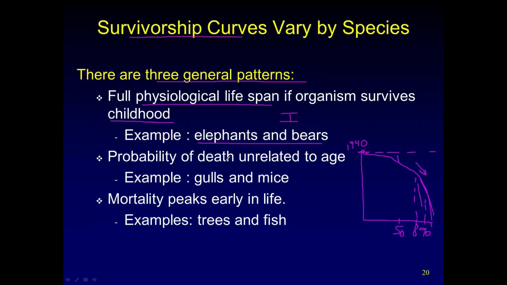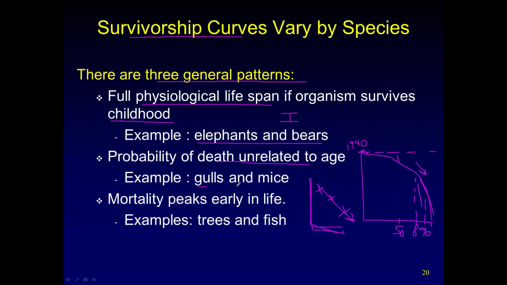Next, we have the case where the probability of death is unrelated to age. In this type of survivorship curve, the graph looks kind of steady. It just goes down at a steady rate. So you're just as likely to die when you're a few weeks old as you are a few years old, as you are many years old. Your likelihood of death is basically consistent across your age.